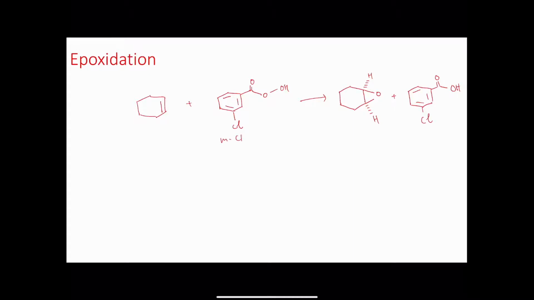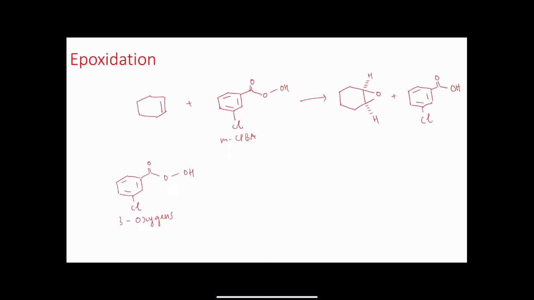So this compound is metachloroperbenzoic acid, or MCPBA, one of the most common epoxidation reagents we use in organic synthesis. Let's take a look again at the structure of MCPBA. As you can see in this structure, we have three oxygens.